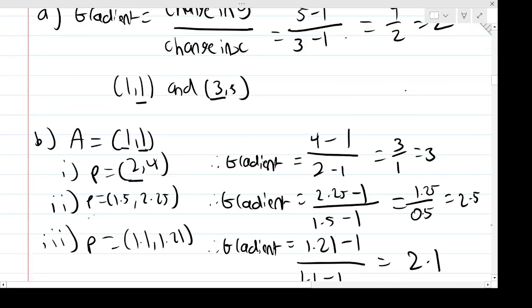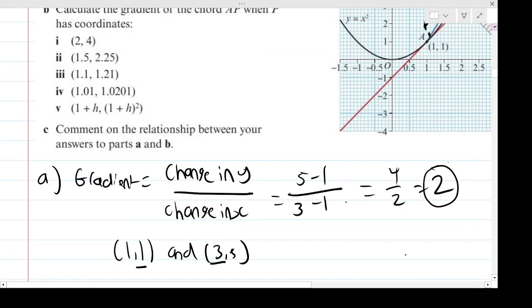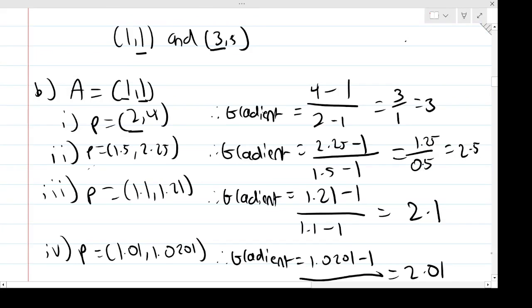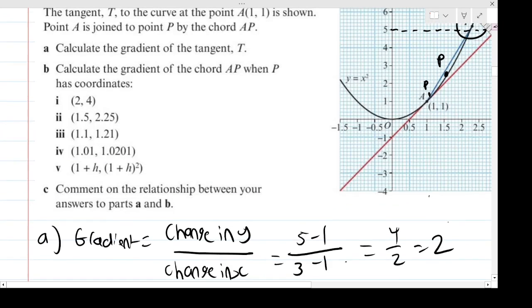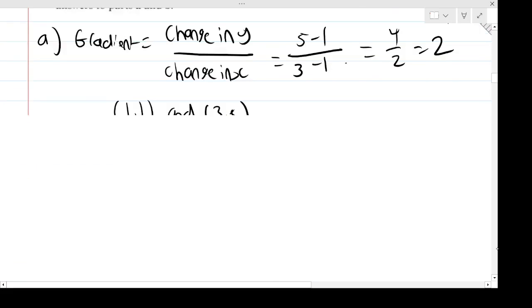So hopefully that's basically saying, have you noticed what's going on with the gradients I've worked out and my gradient in part A? My gradient of the tangent at A is 2, so the gradient of the curve at A has to be 2. When P is far away from A, P was originally up here and A is down here, I've got a gradient of 3.